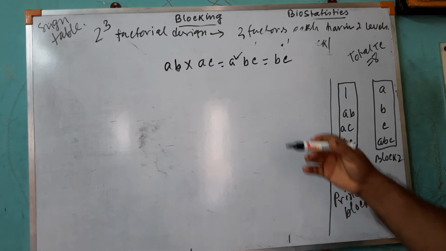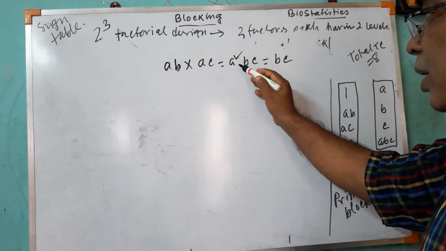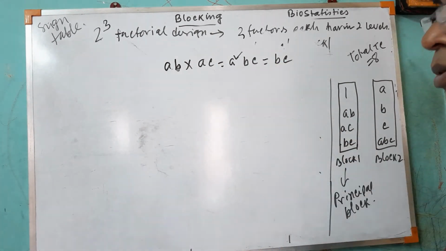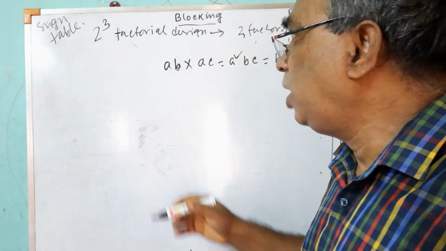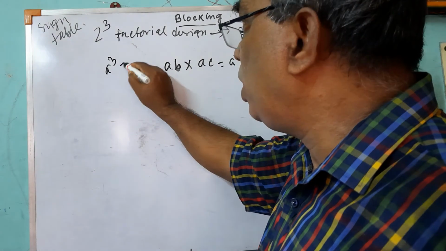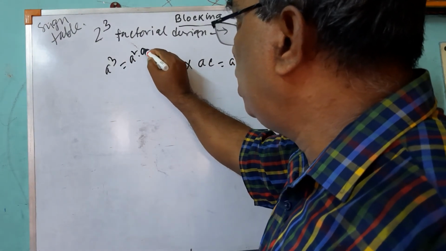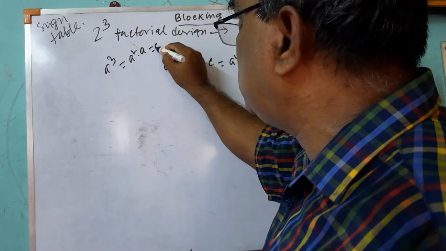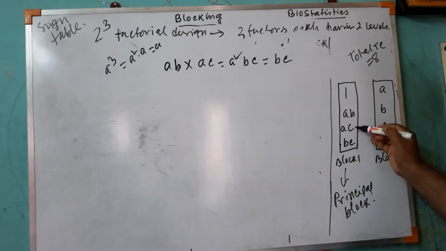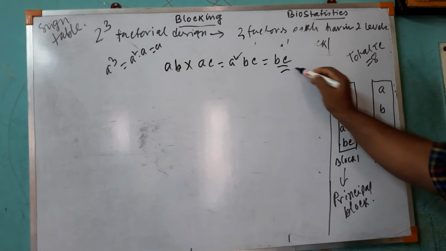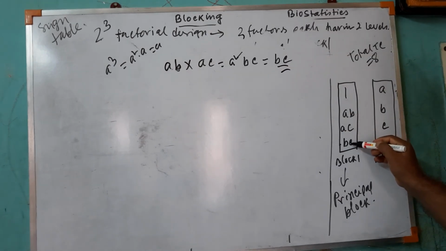If any of this level, that is A square, B square or C square, if a square term is there, then you put it as 1. This is the rule. Suppose there is A cube, it can be written as A square into A. So this is 1, so it is A, like this. So when I am multiplying these two, the answer is BC, so BC is in block 1 also.